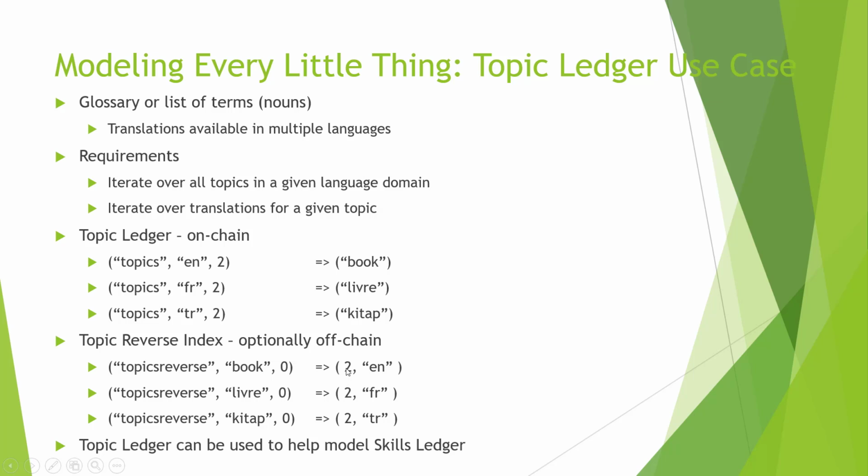And so you could make a call from your client application into the smart contract, passing in these three parameters. You're mostly interested in the two, because once you have the two, then you can ask for any language variation of that topic.